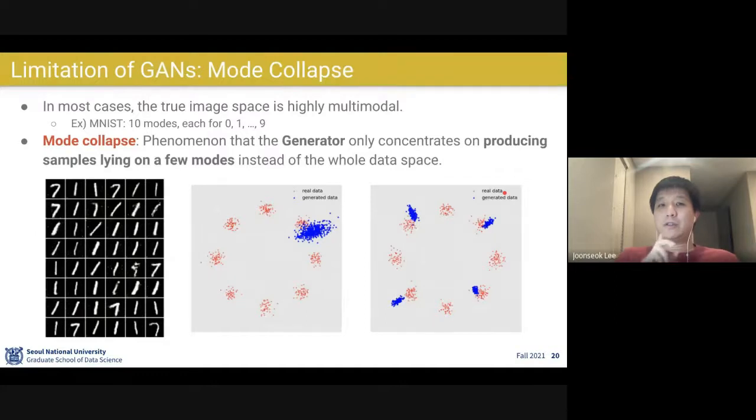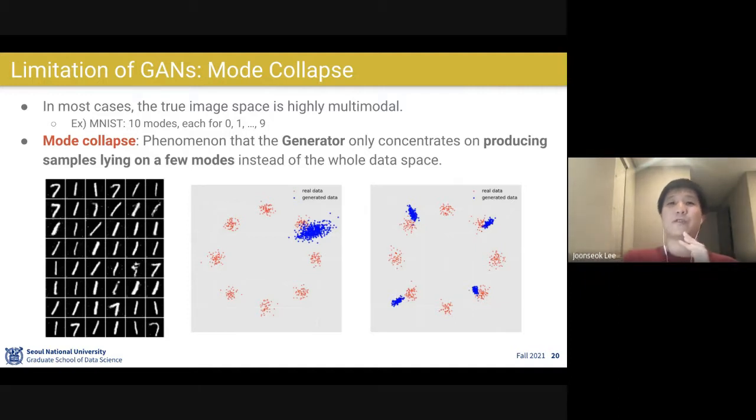And this is another really important problem of the original GANs, which is called mode collapse. So what was the goal of the GAN? We wanted to generate real-like images, which are able to fool the discriminator. That is the original goal, right?